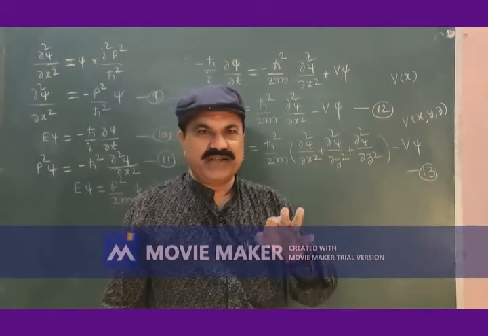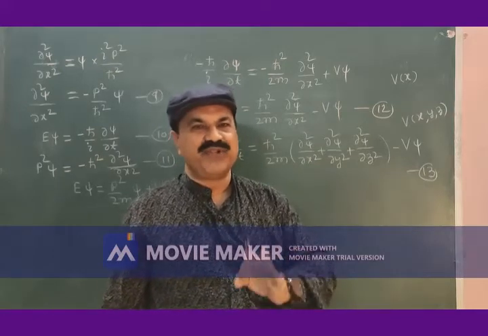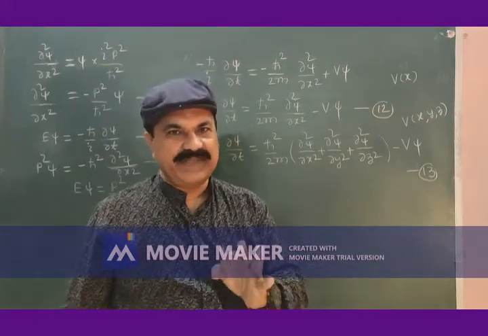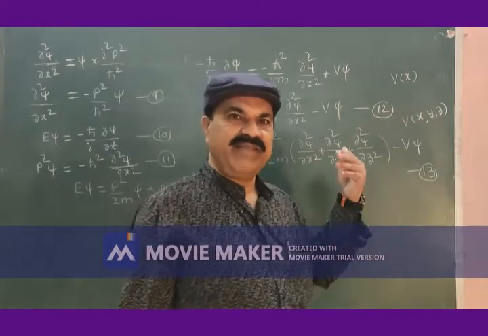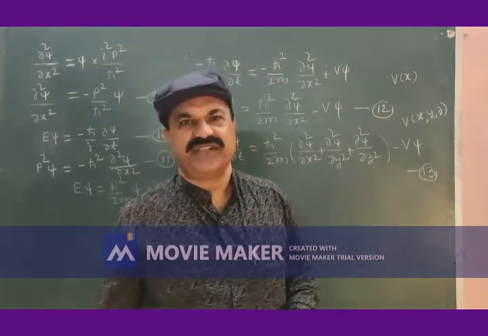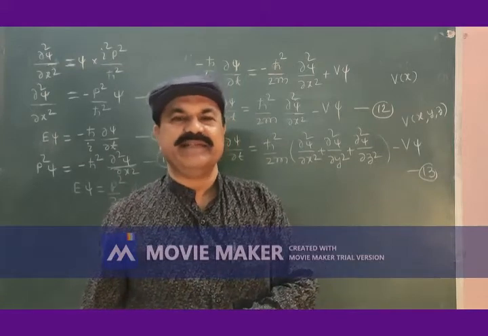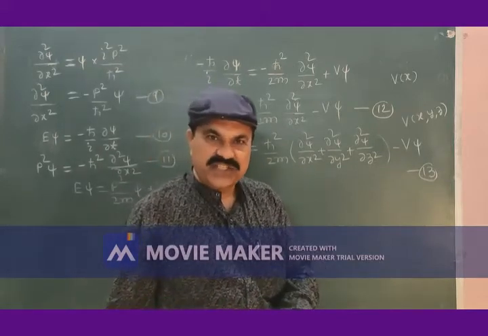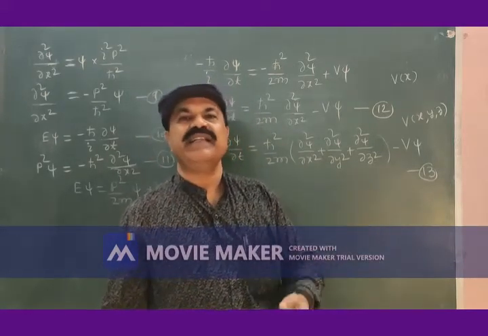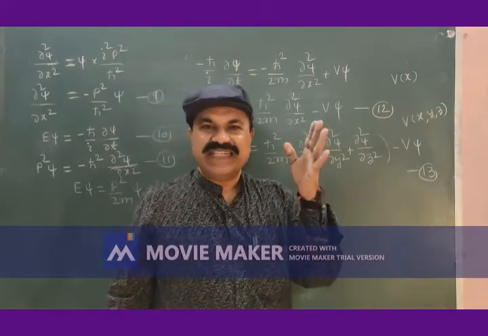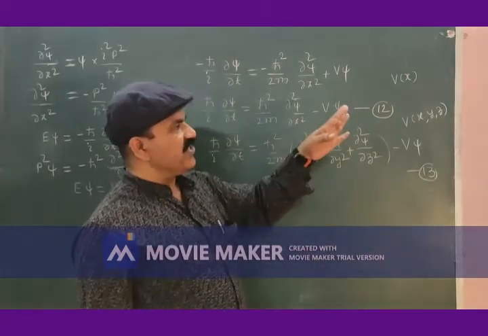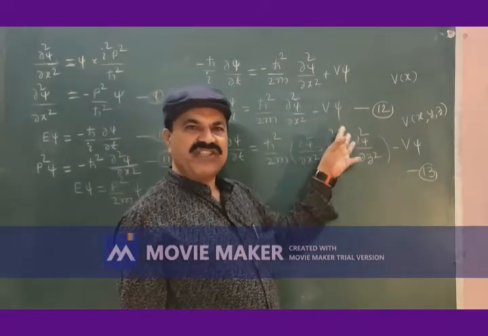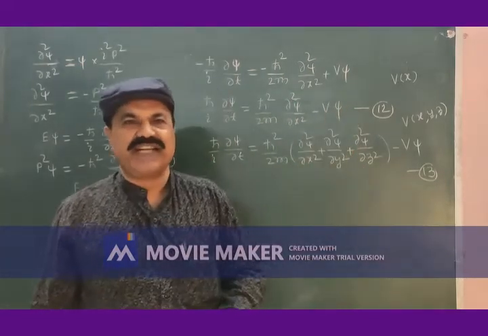Potential energy of any particle in motion is decided by its position. It may be in one dimension or in three dimensions. Once we obtain potential energy for this bound particle in motion, we can put that potential energy into equation 12 or 13 depending on one dimension or three dimensions.